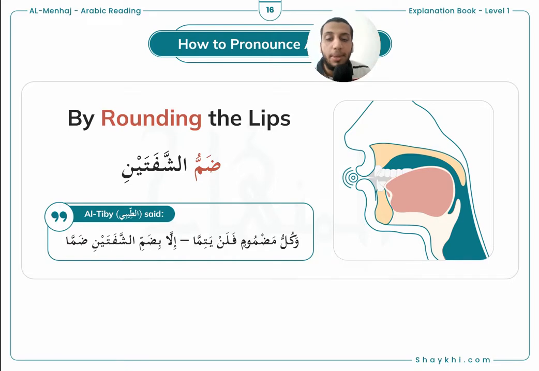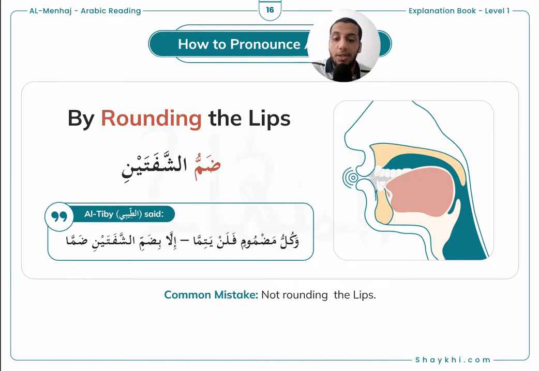The dhamma will not be complete except when you make your lips rounded or circled like this. Ooh, boo, tu. So وكل مضموم فلن يتم, the dhamma will not be complete except بضم الشفتين ضما, except when the lips are rounded or circled.